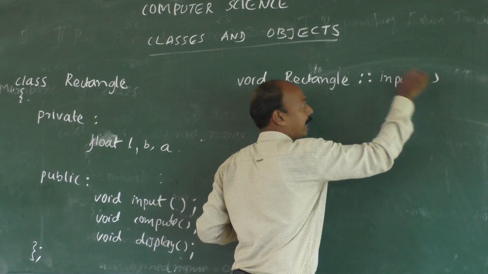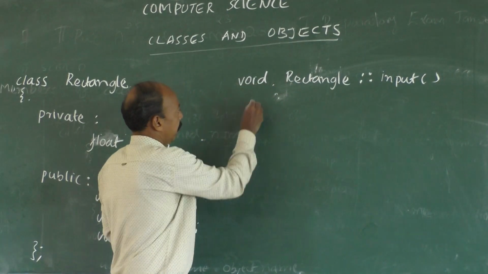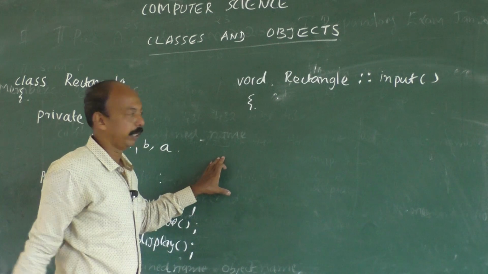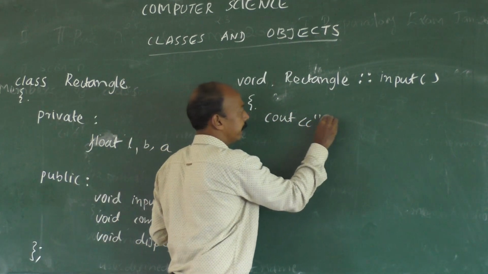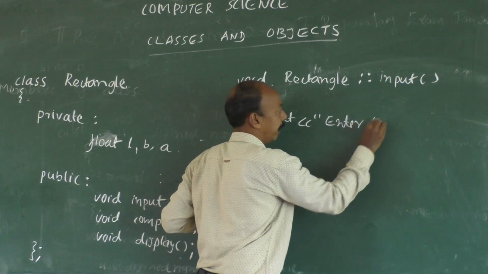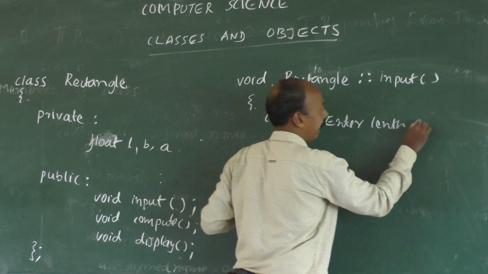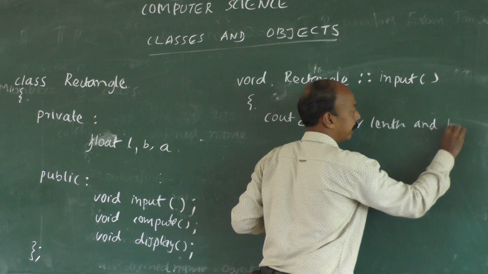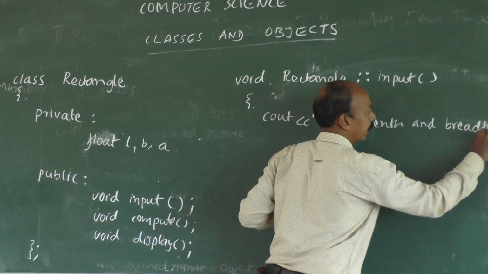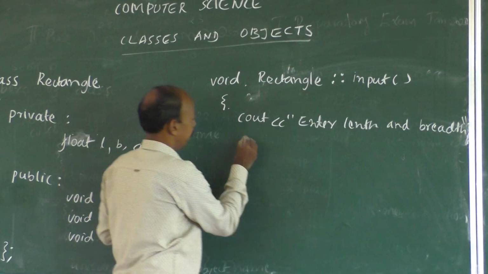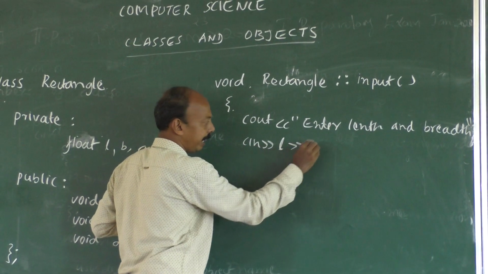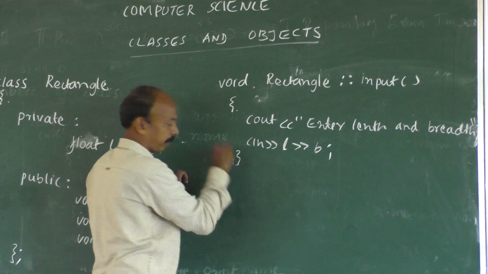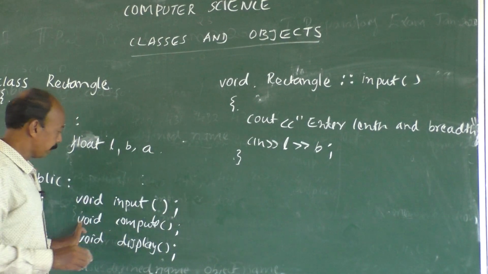We are not going to pass the values here. Then open the flower bracket. What do we need to input? Cout, enter length and breadth, semicolon. Cin, that is length and breadth. Done.